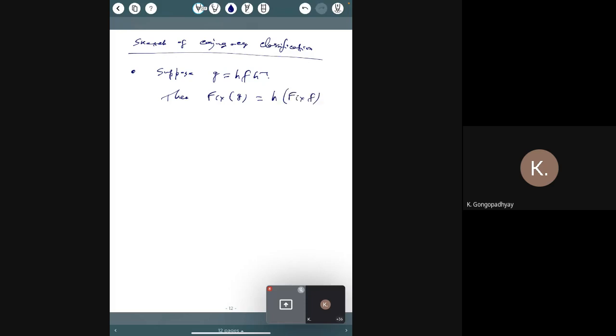That is equal to H of the fixed point set of F. All right, so this is a small observation. So that means elliptic, parabolic and hyperbolic give mutually disjoint classes.